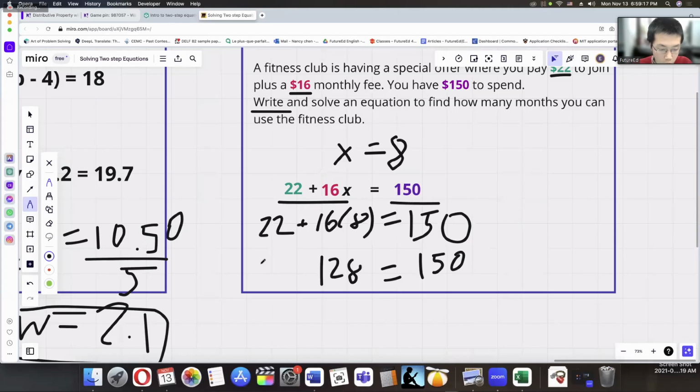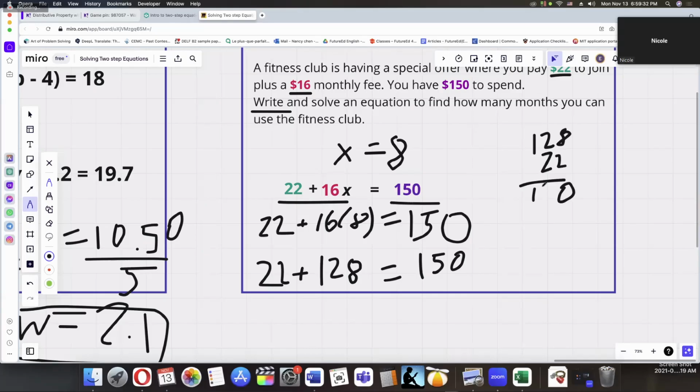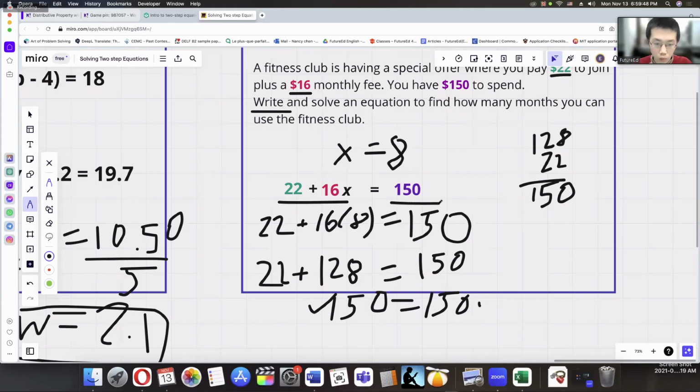So what is 22 plus 128? You can write it on the side if you want. 8 plus 2 is 150. So we have 150 is equal to 150. Is this equation true? Does this statement make sense? It's true. So we found out that I have 8 months to spend at this fitness club.